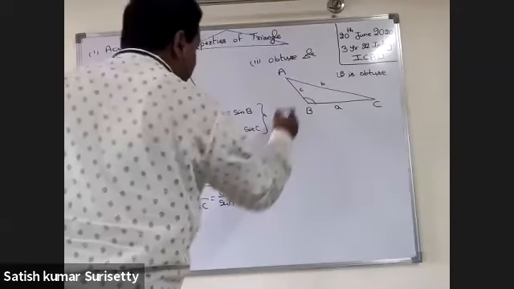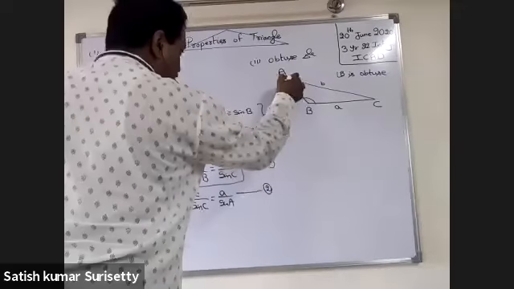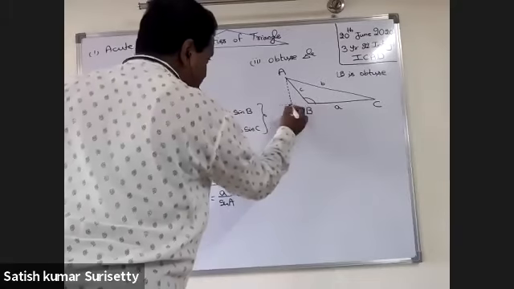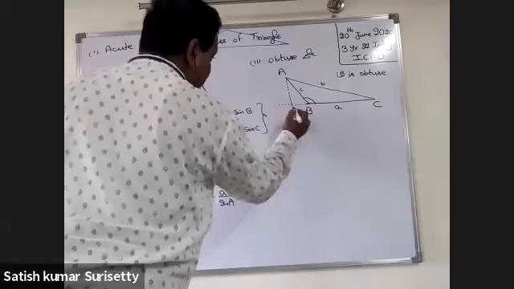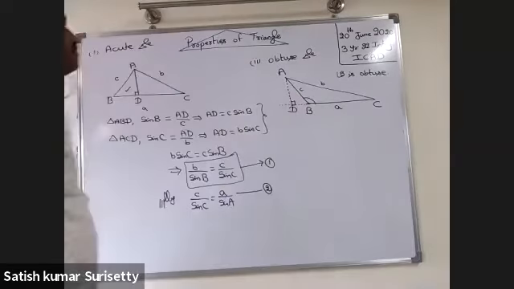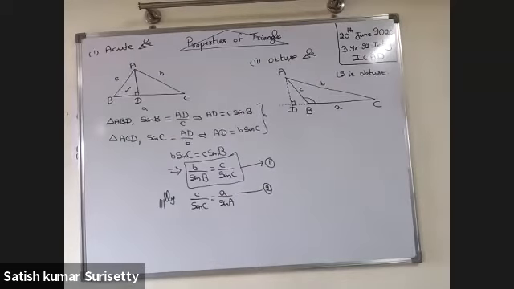Again, draw the perpendicular from A to the side BC. Now, you have to extend. Now do again exactly in the same manner what you have done in the first case. So use the triangle ADC as well as ADB and eliminate AD.